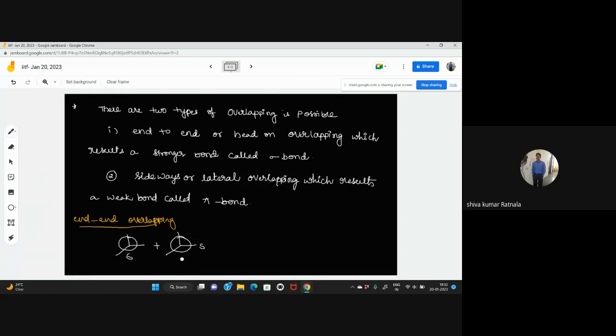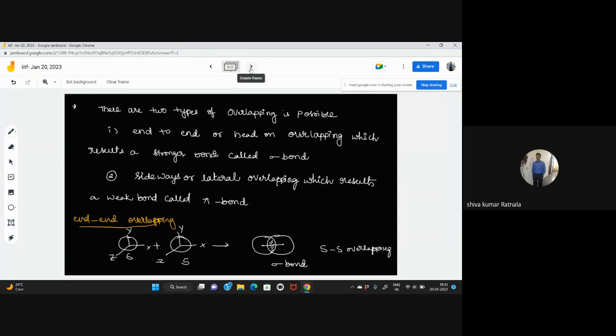This is the x, y, z direction, and the x direction or y direction. The overlapping should always take place in one direction only, either x or y or z, which results in a sigma bond. This is called ss overlapping, that means the overlapping is between s and s orbitals.